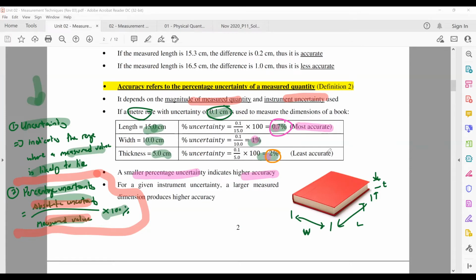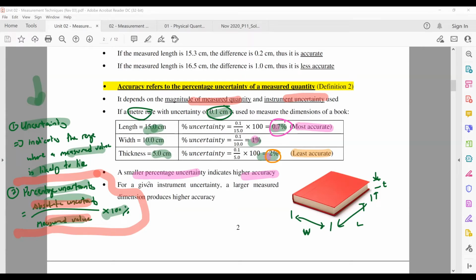This is the least accurate. So that is what percentage uncertainty is. How is it related to your accuracy? You want a smaller percentage uncertainty in your measurement. So if your uncertainty is lesser, you're obviously going to get a more accurate result.